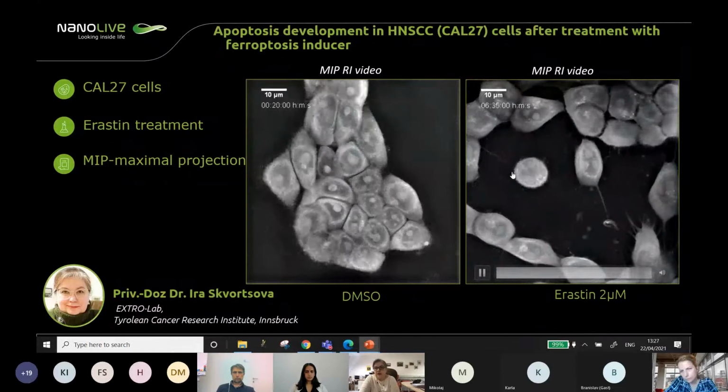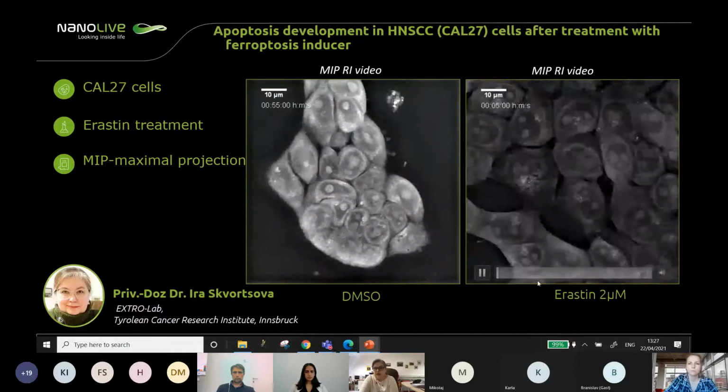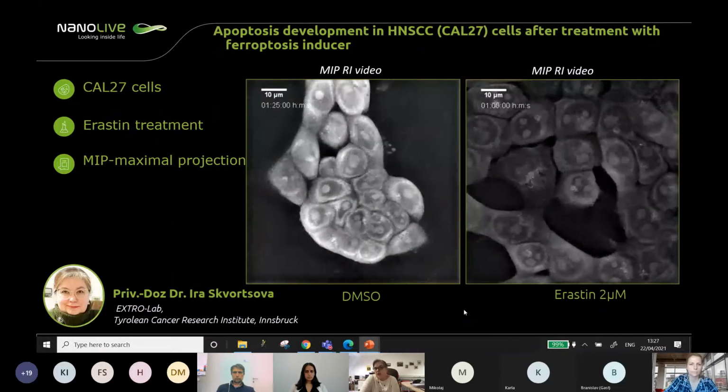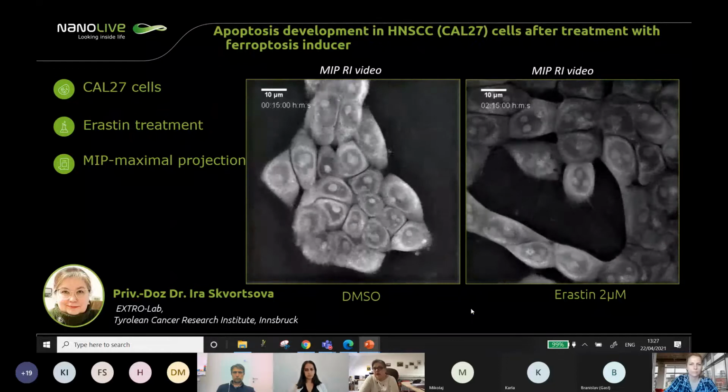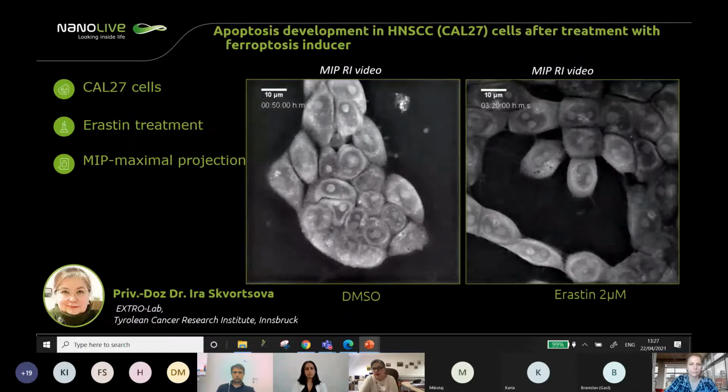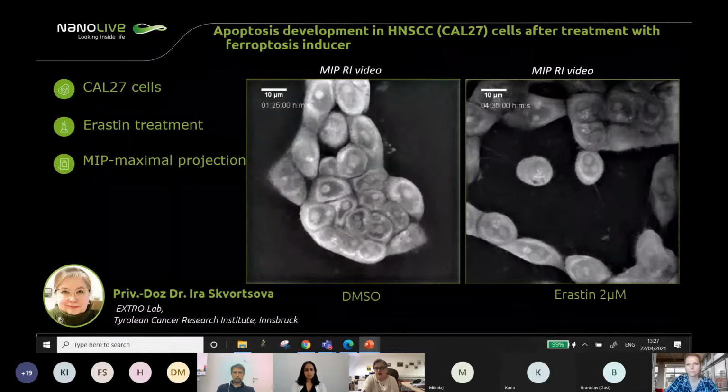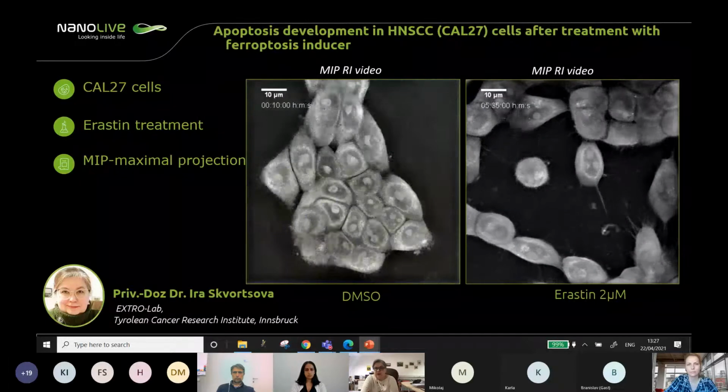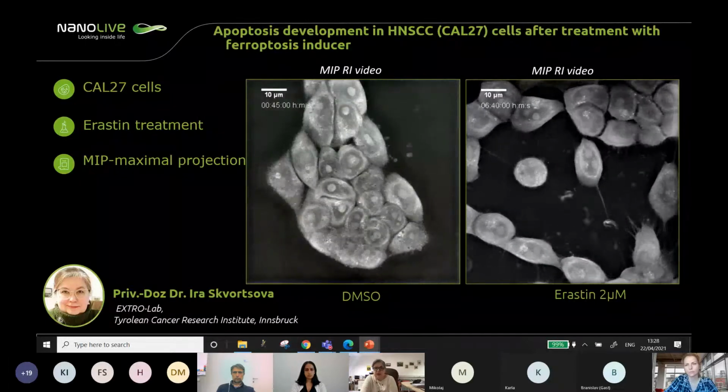We observed that after the treatment, CAL27 cells could recover, and they recover very successfully, and therefore this observation is quite interesting for us.